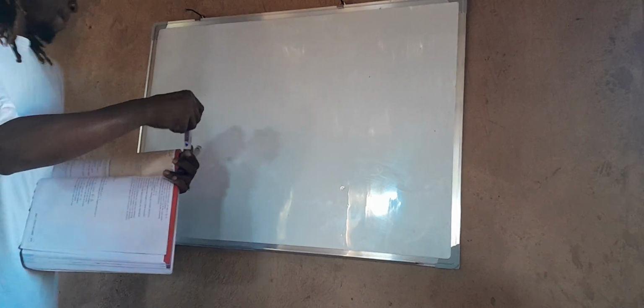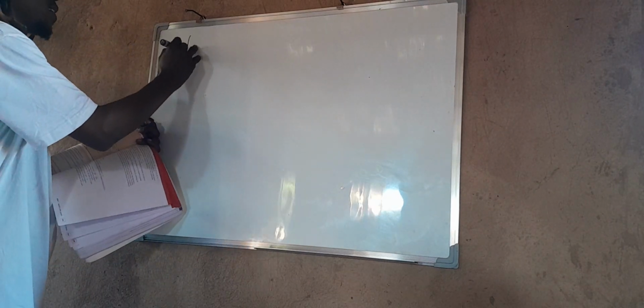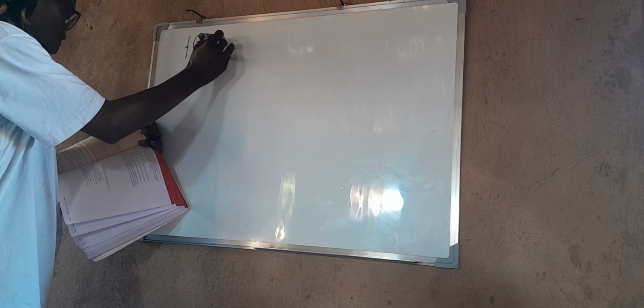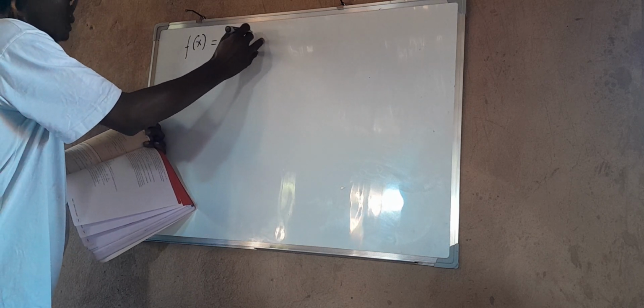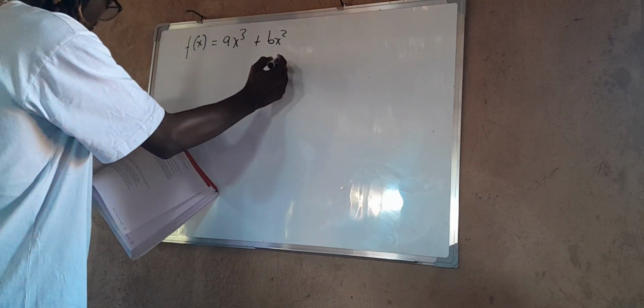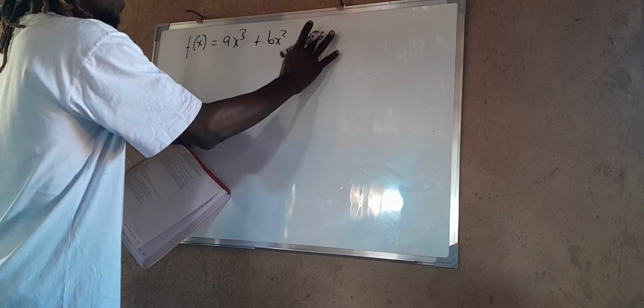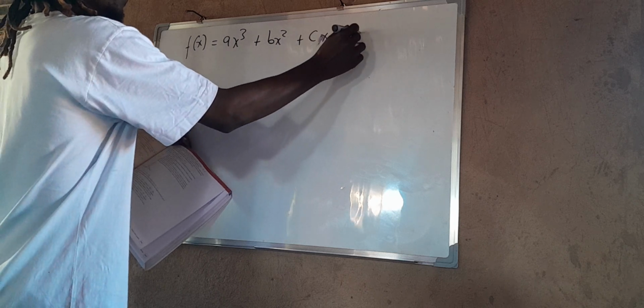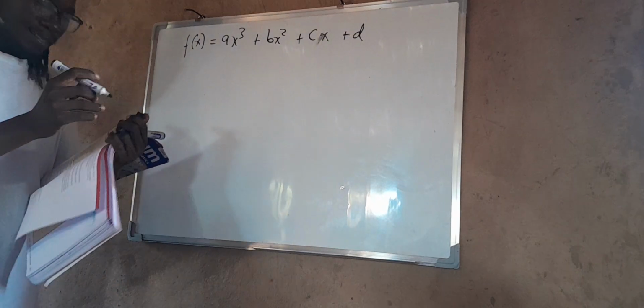So let's see. We're having this as our f(x) equals ax cubed plus bx squared plus cx plus d, right?